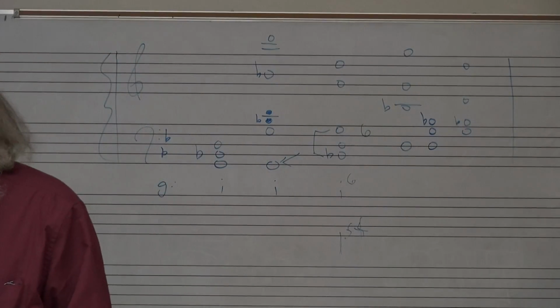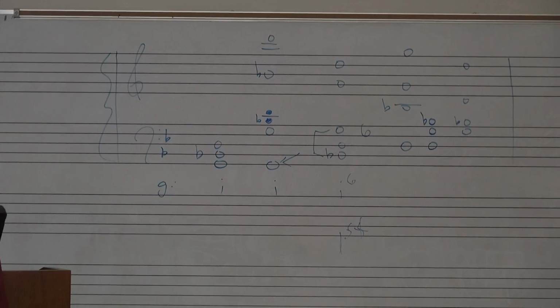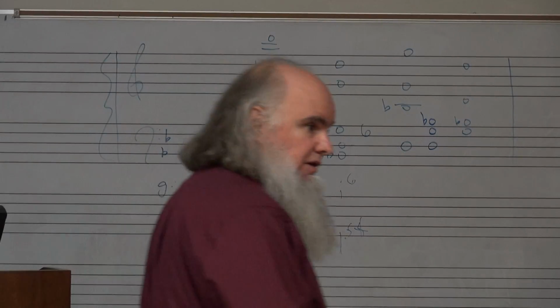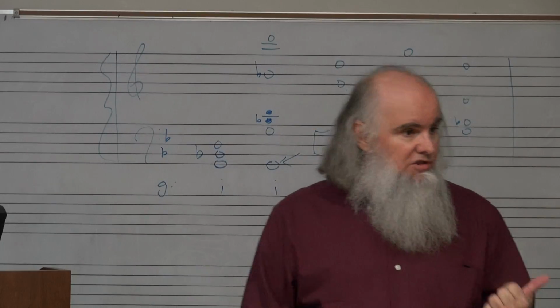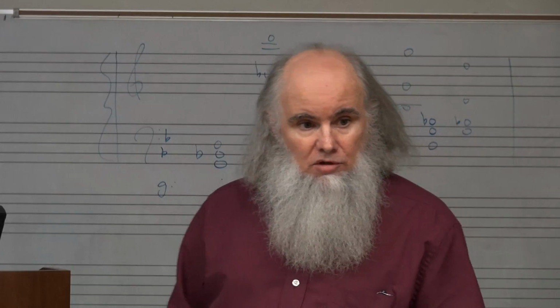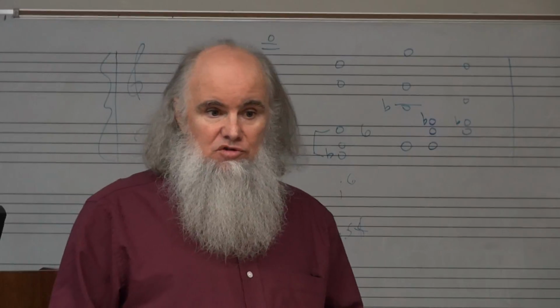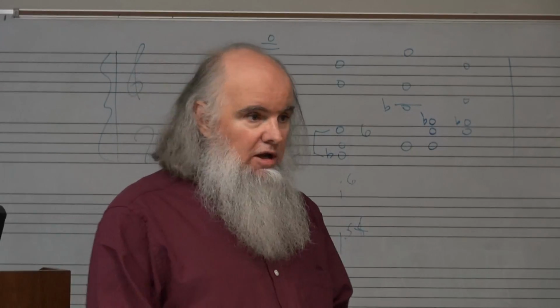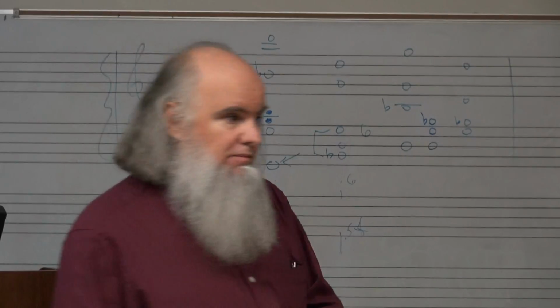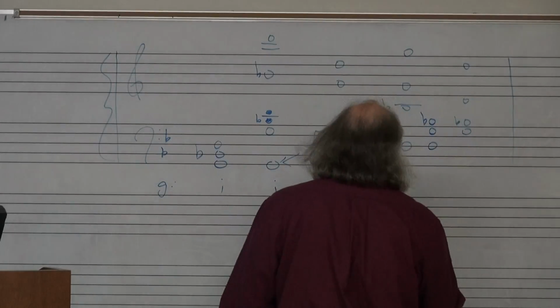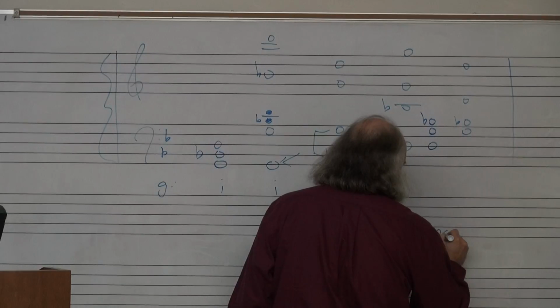So what does that tell us? It tells you inversion, or the easiest corollary is D is not the root of the chord. But it is inverted, which is correct. And if G is the root, what's the third again? B flat. So what's in the bottom? D, which would be the fifth of the chord, automatically. If the fifth's in the bass, it is in second position, or second inversion. Either one of those will work.